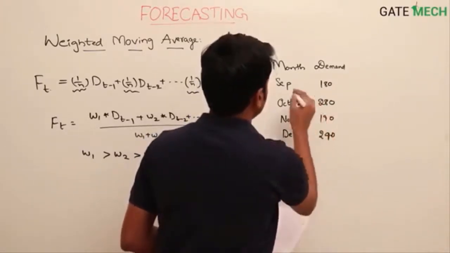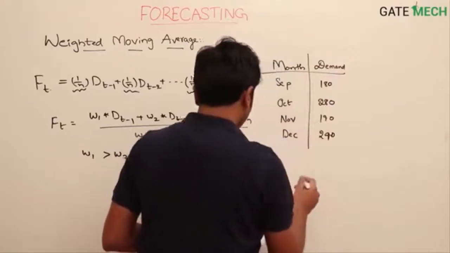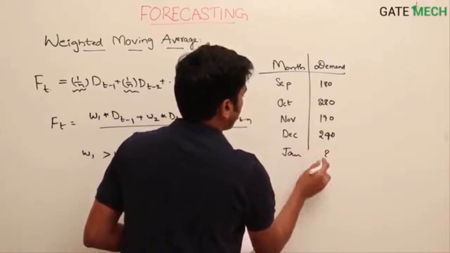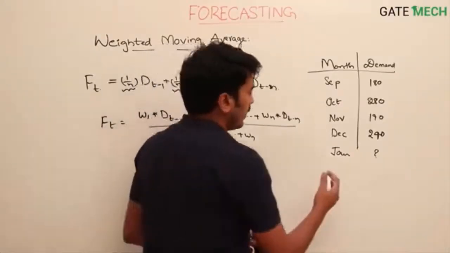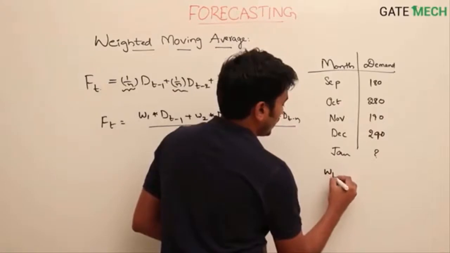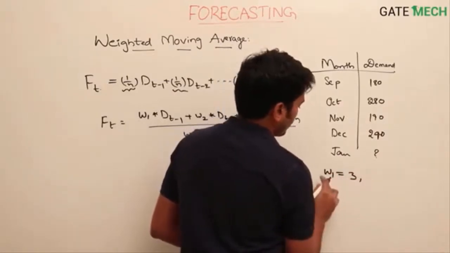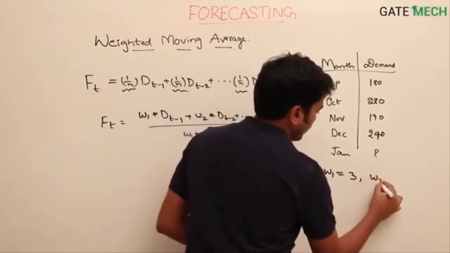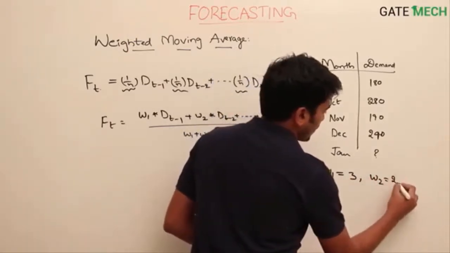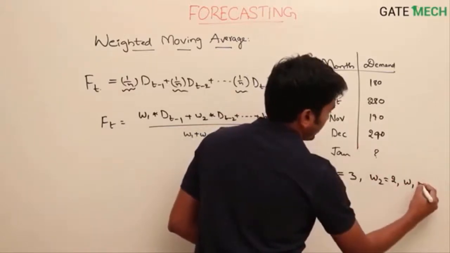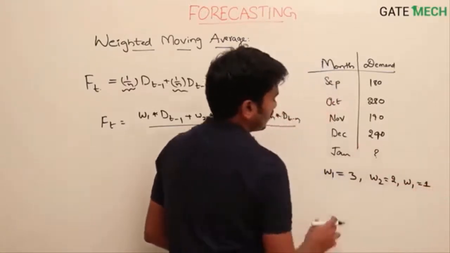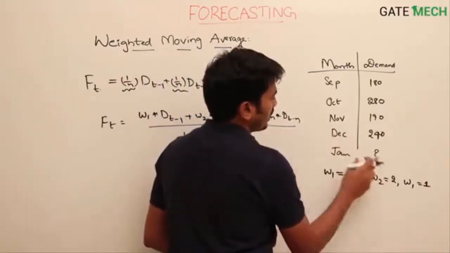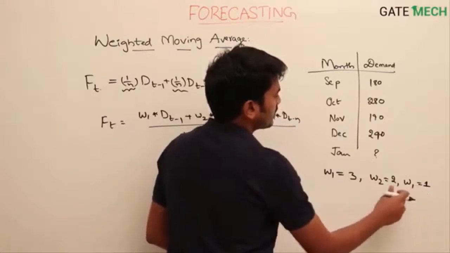Okay, so these are the monthly sales given, and we need to calculate the forecast for the month of January, and the weightages are given like this. Weightage for the last period is 3, weightage for the last-to-last period is 2, and the third period is 1. So that means weightage for December demand is 3, weightage for November demand is 2, and October demand is 1.